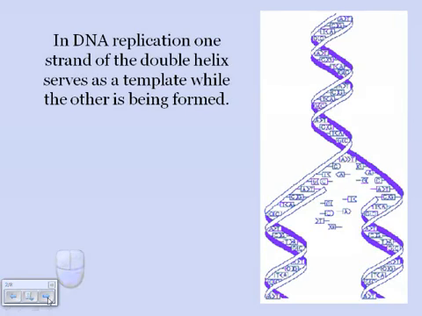So what's going to happen is that one side of the DNA will start to serve as the template. The blue strand is going to be built based off of the red strand. So it depends on what the strand says.